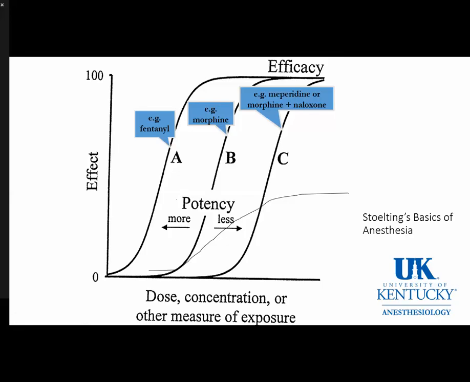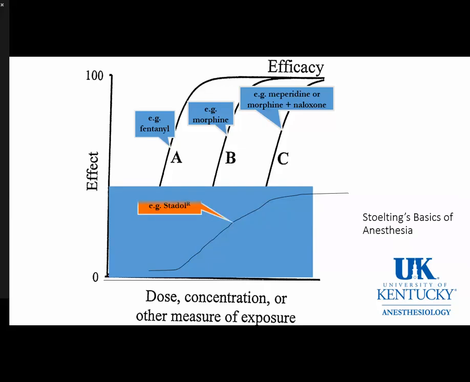Another curve that's been hand-drawn in here is this curve down here, which would reflect more of a partial agonist, one that we're more accustomed to, that I believe is still used in the obstetric literature, butorphanol or Stadol, which, again, as a partial agonist, at its maximal dose, is going to have an effect less than the maximal effect seen by these other drugs and depicted on these other curves.